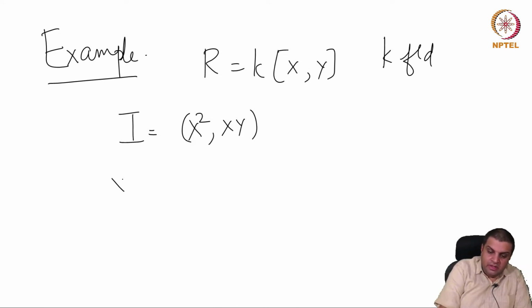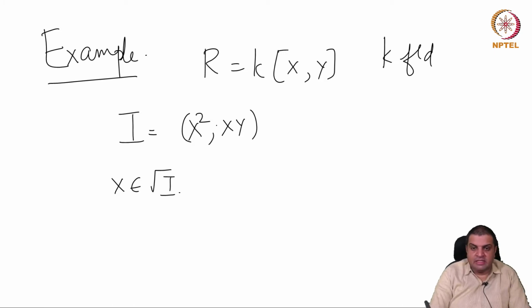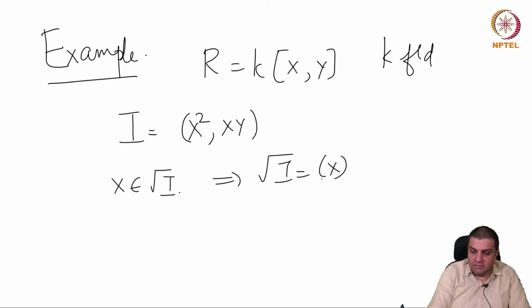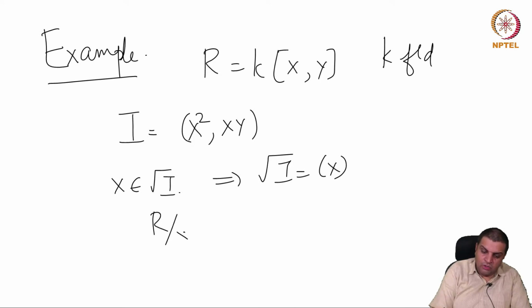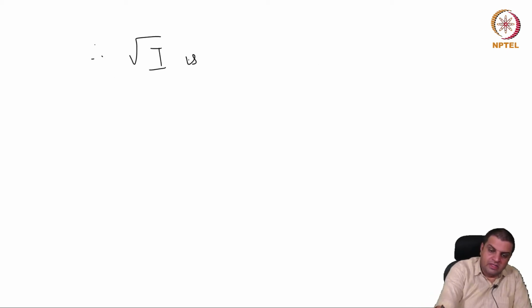Well, x must belong to the radical of I, because x squared is inside I. But if x is in the radical of I, then xy is automatically there. So the radical of I is the ideal generated by x, and R modulo the ideal generated by x is isomorphic to K[y], which is a domain. Therefore, the radical of I is a prime ideal.